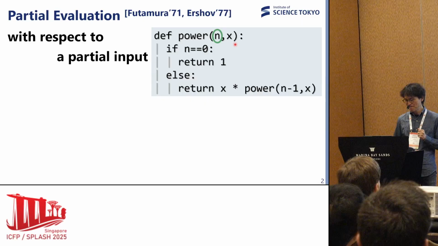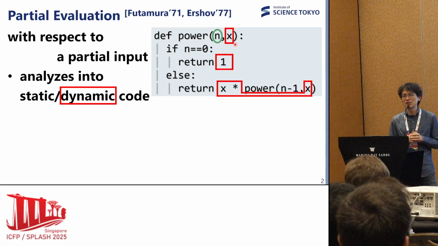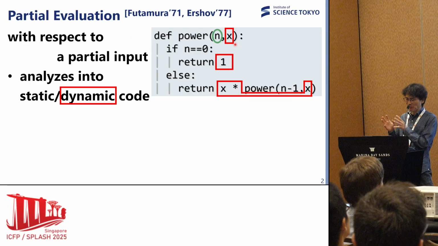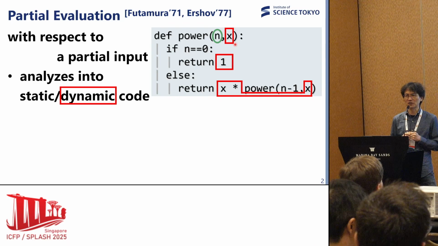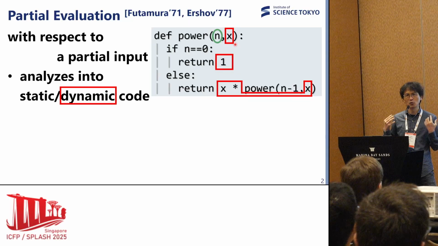Then usually the partial evaluator analyzes the program to see which parts depend on n and which depend on x. This red box part depends on the value of x, which we call dynamic code.